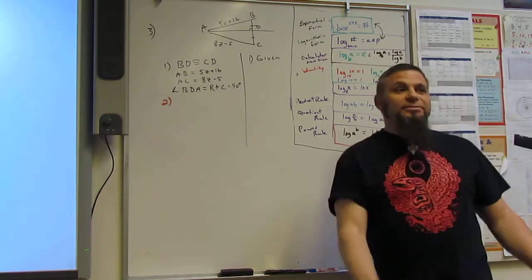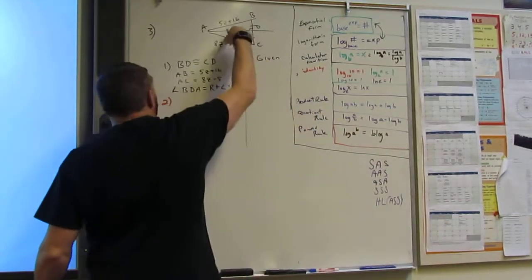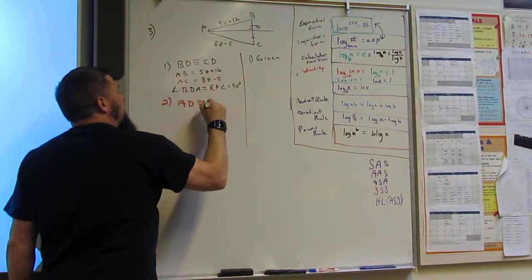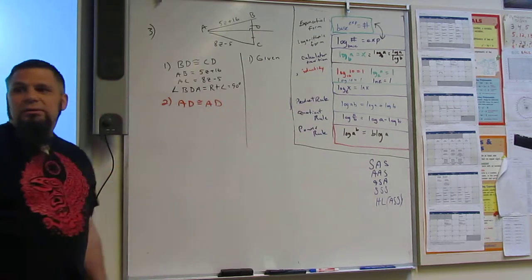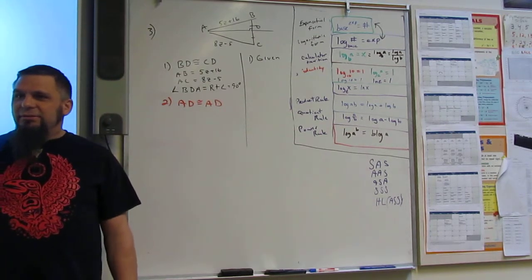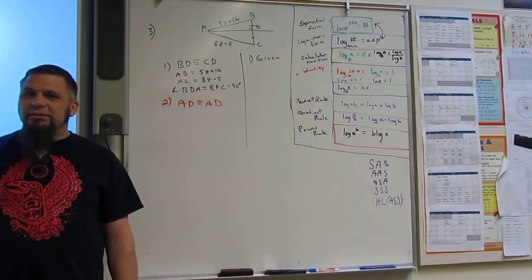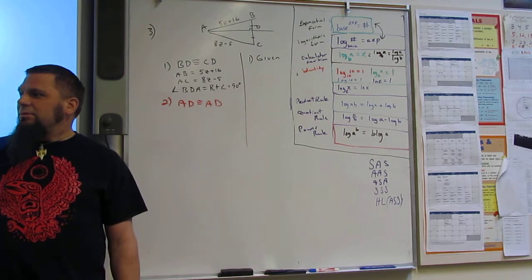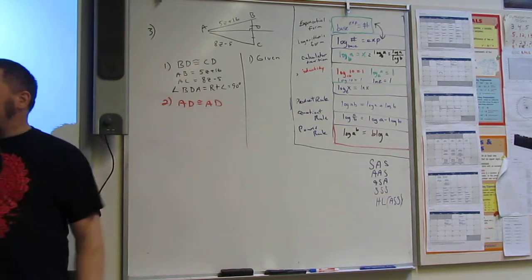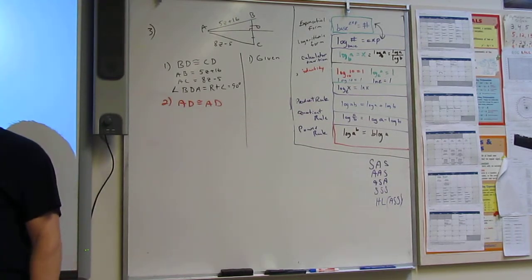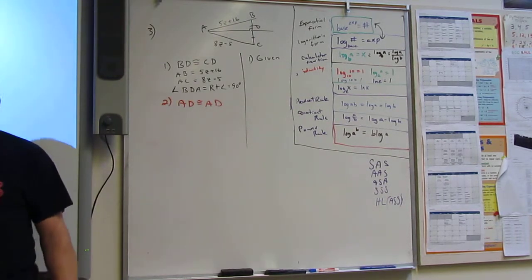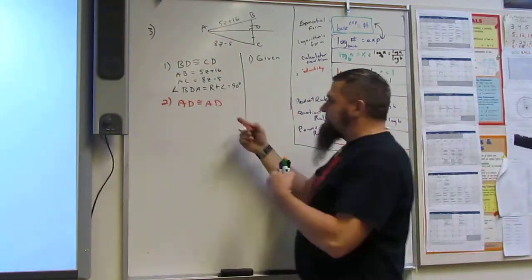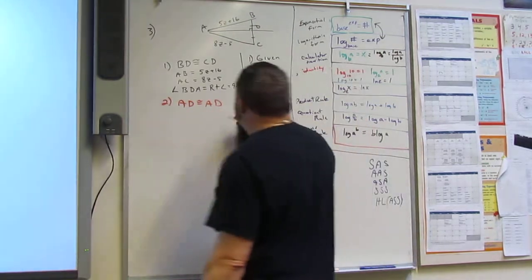Reflexive. So if I wanted to write this as reflexive, that would be AD is congruent to AD, right? Is that right, Matt? It's DA, isn't it? Exactly. Thank you, Matt. So this is not reflexive, this is identity.